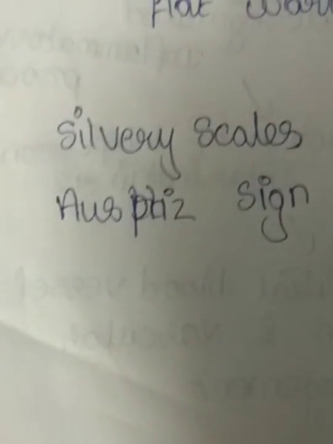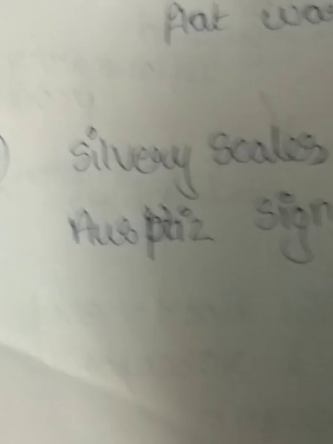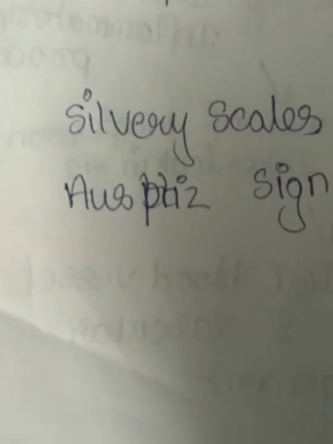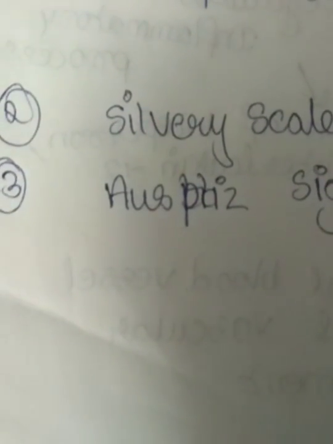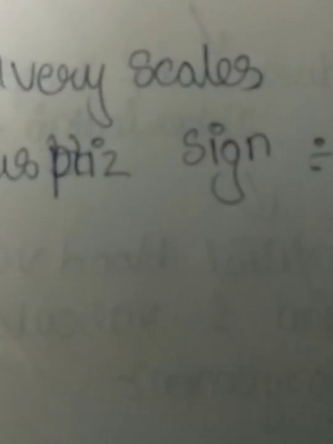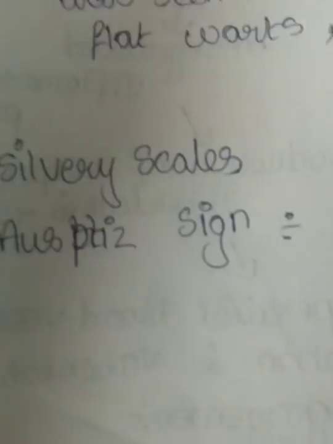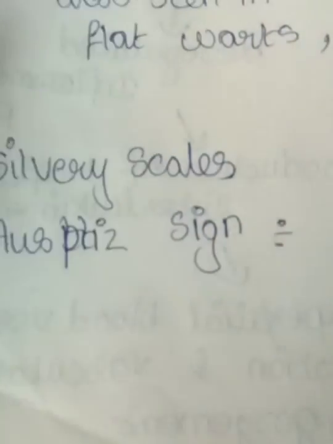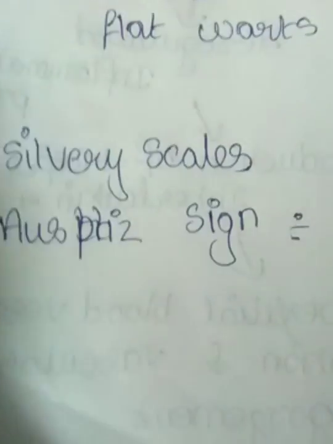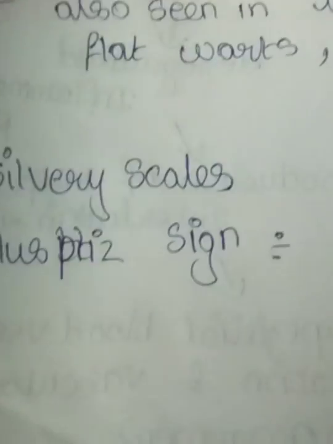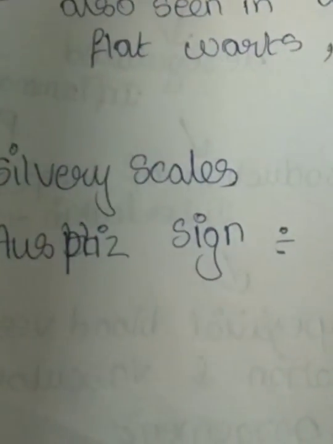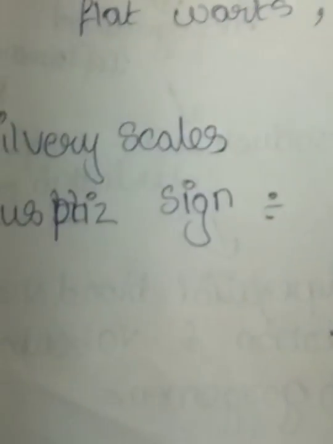The second is silver scales. We have seen the pathophysiology, the main reason for it, above. And now the Auspitz sign. What does the Auspitz sign mean? It is when you scrape over the skin lesion. During scraping, the scales are removed slowly, but if you scrape still deeper, there will be bleeding.